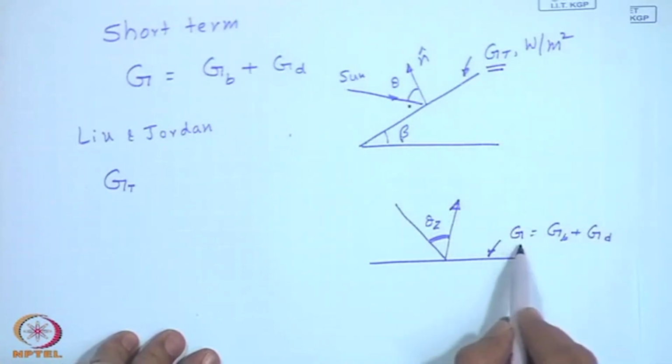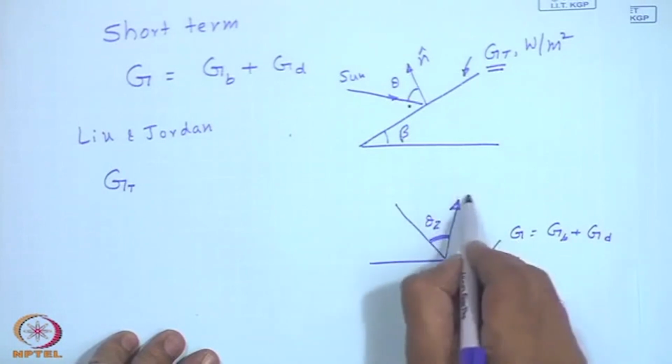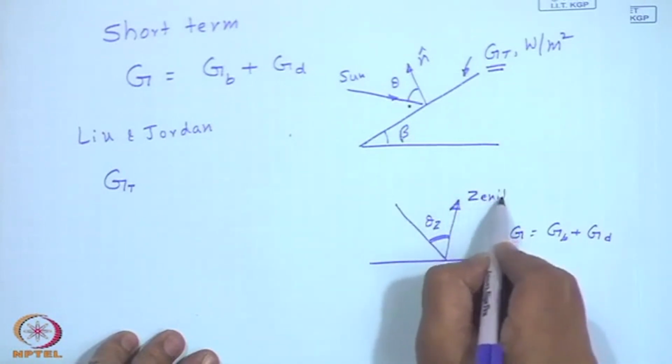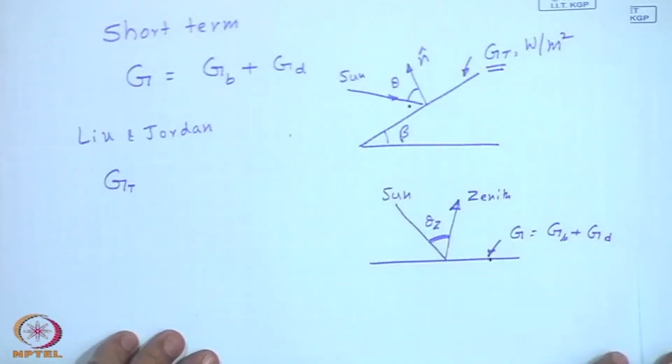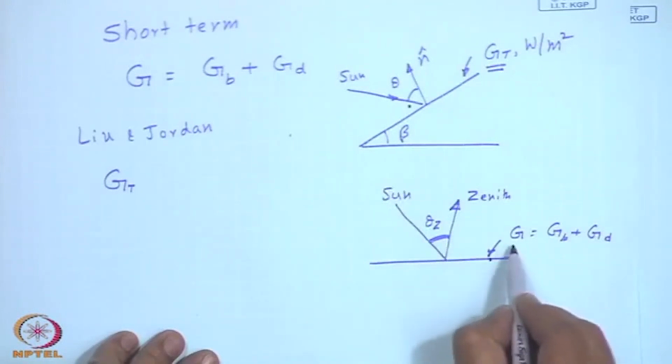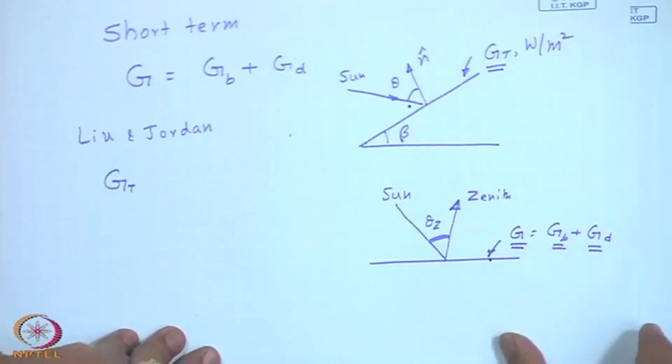What we have is measured information, a G intensity on the horizontal plane, which is characterized by the zenith, and the sun makes an angle theta z with respect to this. We also have the information that G comprises of G B and G D. Okay.